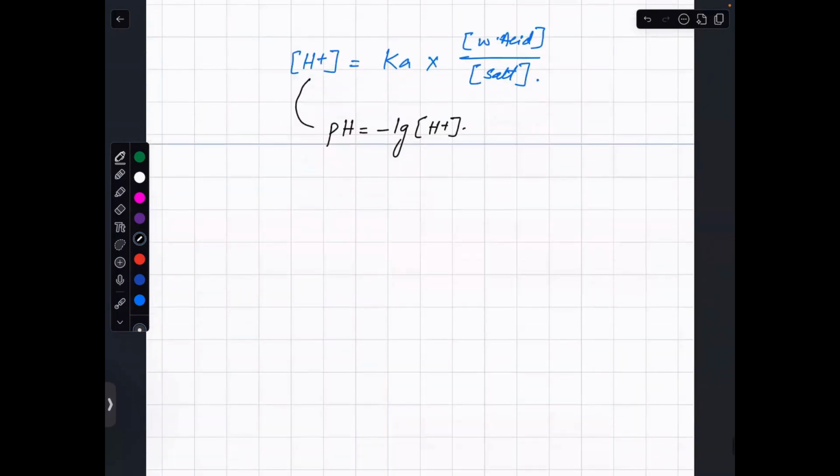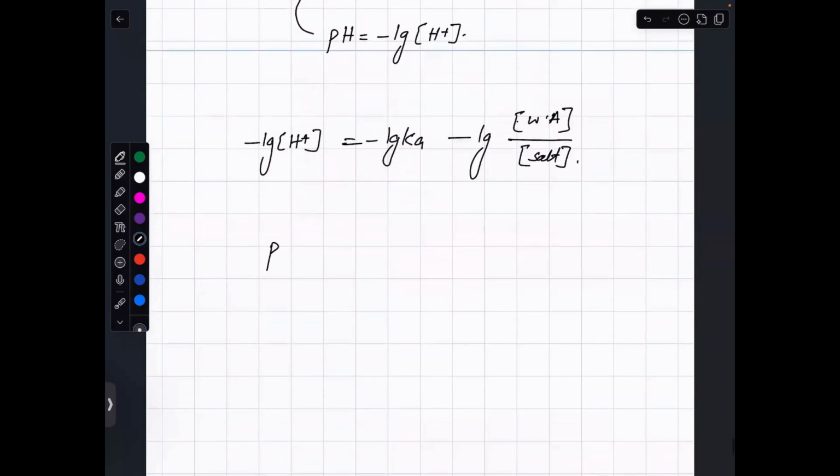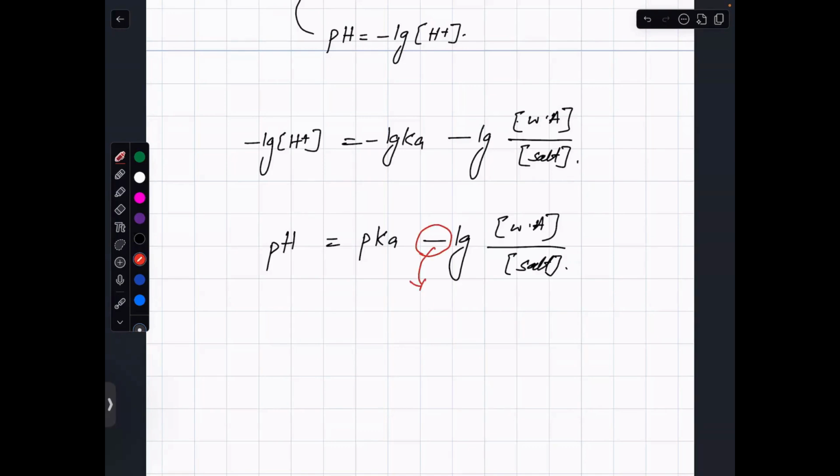But if you want to use the other formula, what you are supposed to do, take the negative log of H plus, negative log of Ka, negative log of weak acid over salt. Negative log of H plus is pH, pKa, and negative log of weak acid over salt. How can you change this to positive?